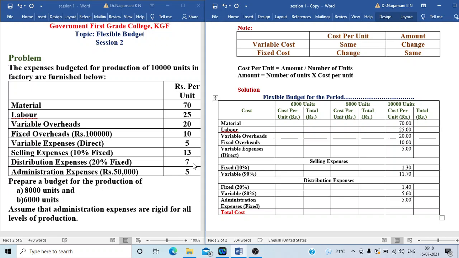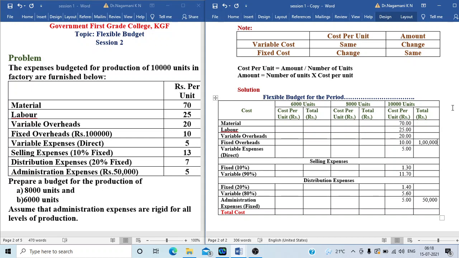So amount also we can take here, 50,000. Now, for fixed overhead also the amount has given, that is 1 lakh. That also we can enter here. Okay. Whatever that is given in the problem, all the things I have entered. Now, with the help of this basic information, we have to complete the problem.